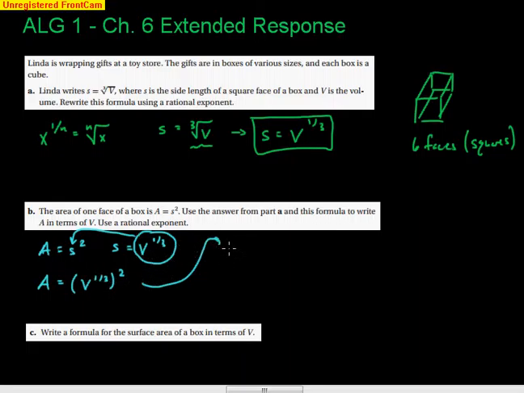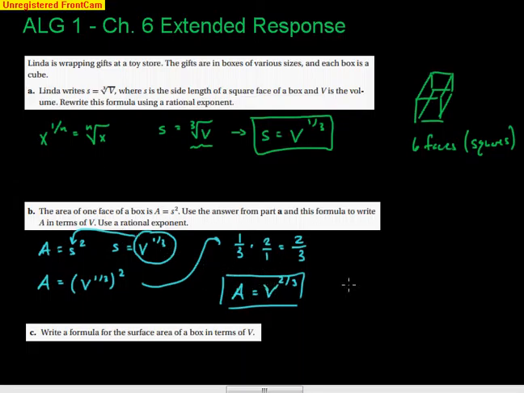The exponents we multiply together. 1/3 times 2. Make it a 2 over 1. 1/3 times 2 is 2/3. And that is the new exponent of our v. A equals v to the 2/3. This is a capital V for volume.